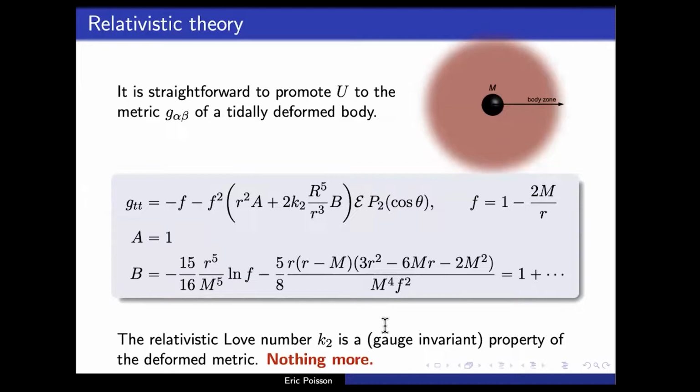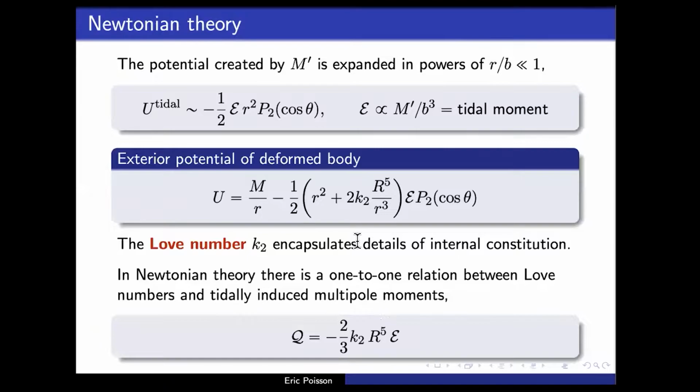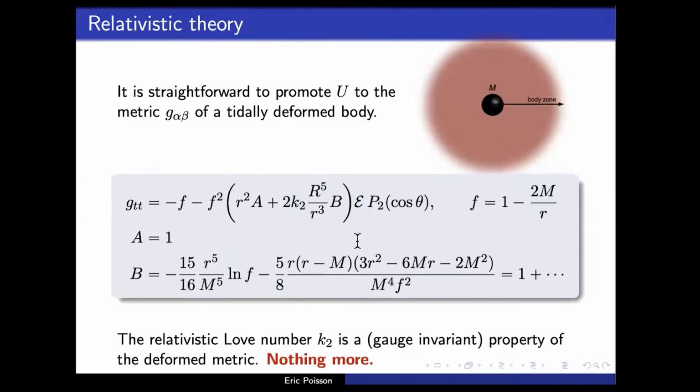So what can you do to port all of this to general relativity? Well, the first thing that I'll say is that it's very straightforward to generalize this slide here from Newtonian physics to relativistic physics. Instead of solving the Newtonian field equations, you solve the Einstein field equations, but the ideas are exactly the same.